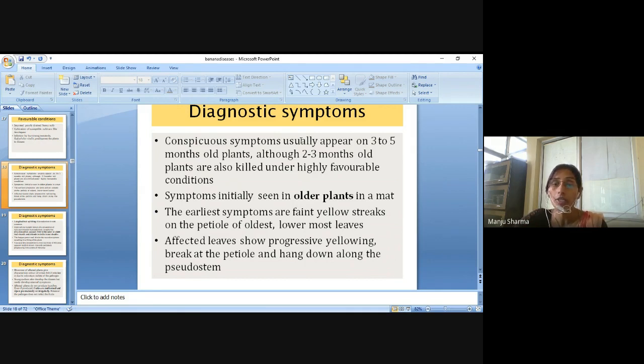Then the affected leaves show progressive yellowing, break at the petiole, and hang down along the pseudostem.